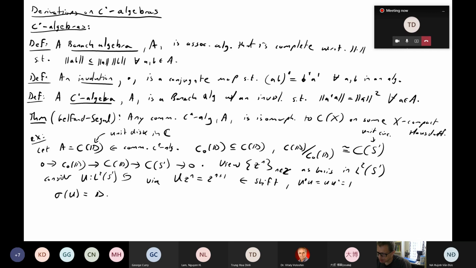What I'm driving at is that on one hand, this algebra has this short exact sequence. There is a shift that has spectrum D, and you can show this A is actually a C-star algebra generated by this U, with powers, series form and all the things attached to it. The reason I want to think about that is because this is a good way to view what we call the classical or commutative disk.